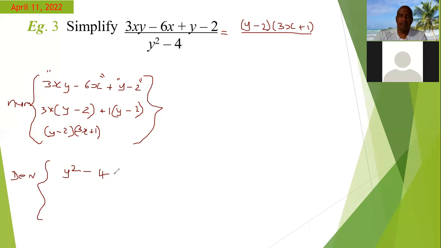With the y, that would be y minus 2, sir. All right, so first we write all that we can write in their square form. And here we would have now a difference of squares. You remember how to factorize a difference of squares?